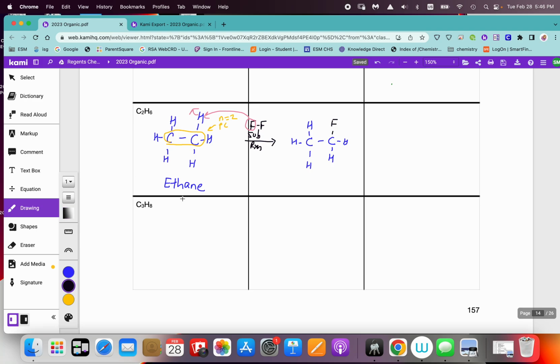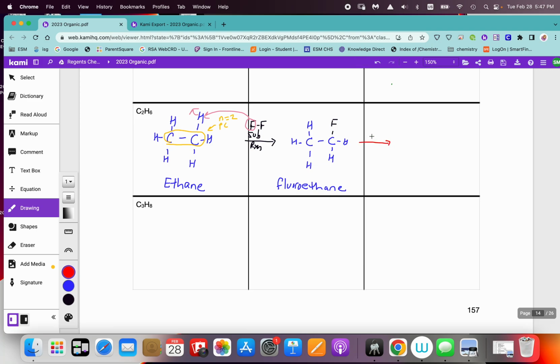Like the one up above, we keep the base of the hydrocarbon name, so this is still ethane, but the structure is a little bit different than the straight up hydrocarbon, so the name needs to be a little bit different. So out in front of it, we need to put fluoro. So fluoroethane.